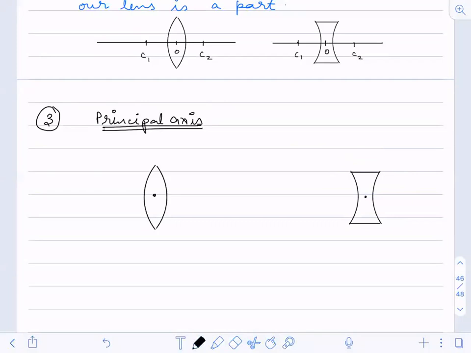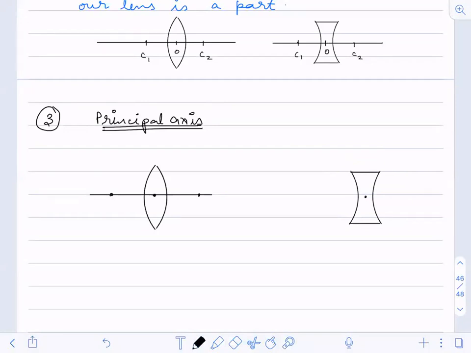One center of curvature is here and the other is here. So now you have to join these 3 points like this. The imaginary line which joins the optical center and center of curvature will be called the principal axis.